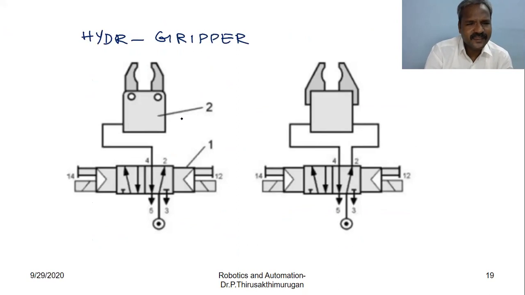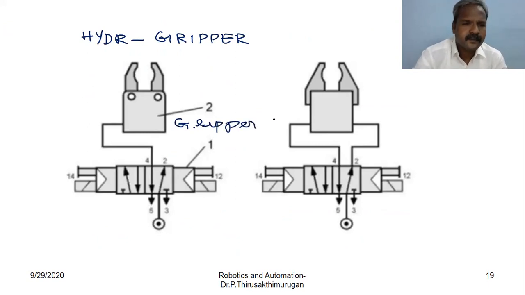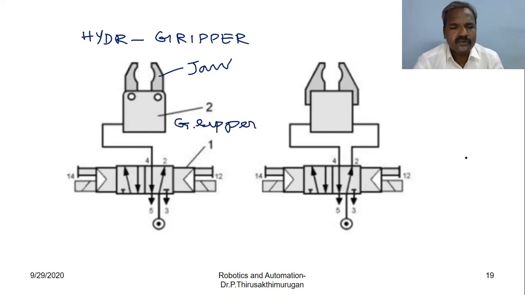This is a gripper finger, this is the jaw. The same thing applies to all the diagrams. Don't worry. So this is a cylinder and piston, the cylinder and piston symbol. This is the actuating mechanism.